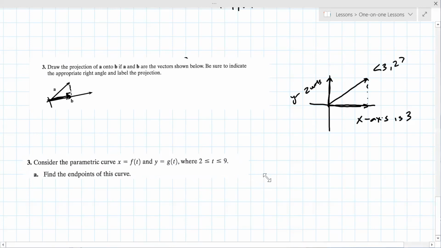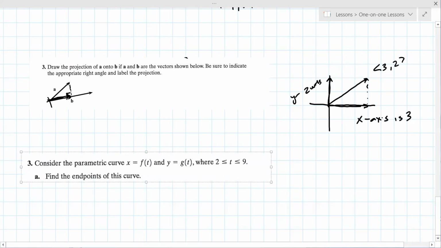All right, first thing it says is find the endpoints of the curve. Okay, this is all sort of conceptual. So the curve starts when t equals 2, and x equals f of t, which means that it equals f of 2.